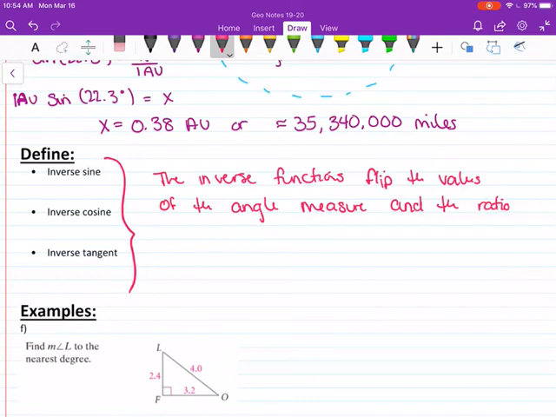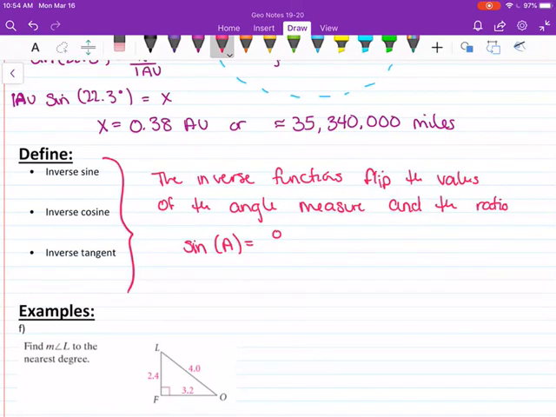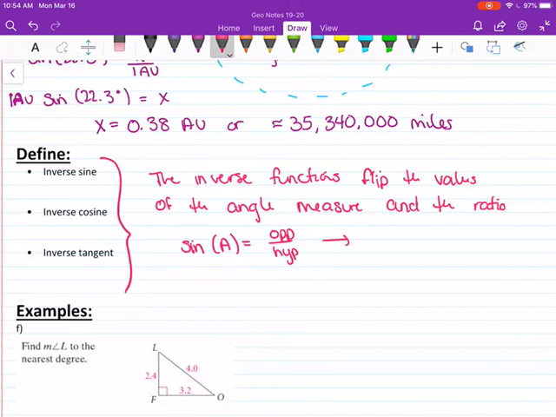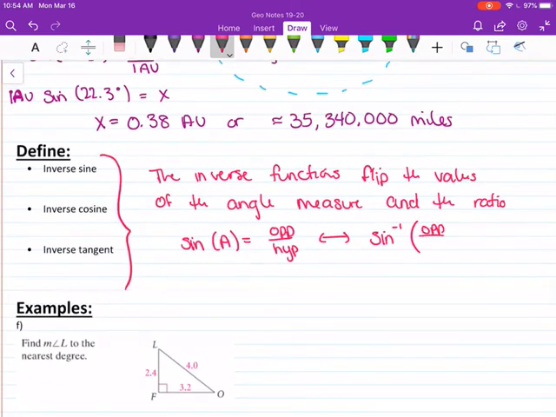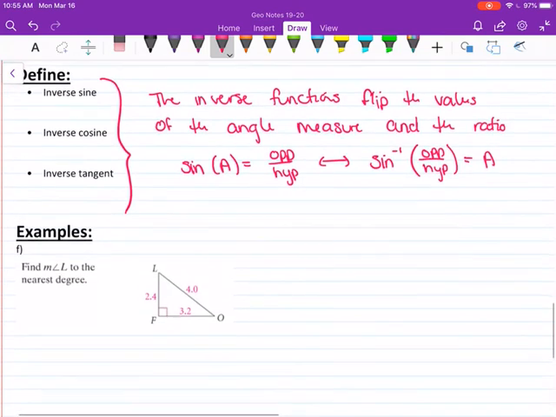Okay, so for example, if I had sine of angle A equals opposite over hypotenuse, then the inverse sine, which we write as sin with this exponent of -1, is the opposite over hypotenuse ratio. And when I plug that into a calculator, out is going to come the measure of angle A. Okay, so let's do an example so you can kind of see how this is used.